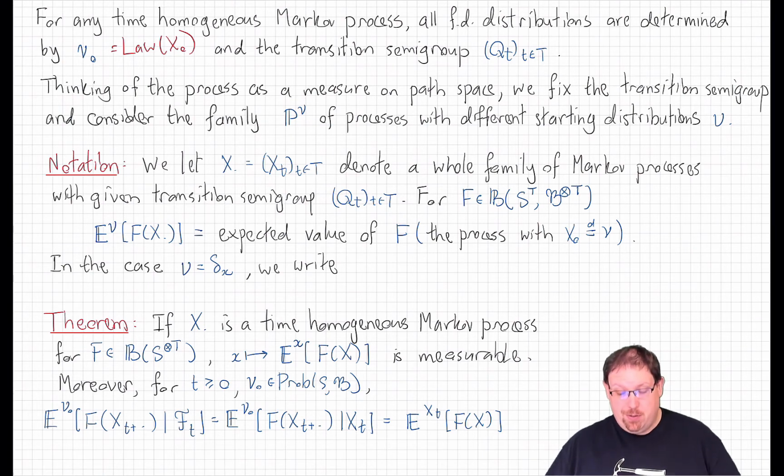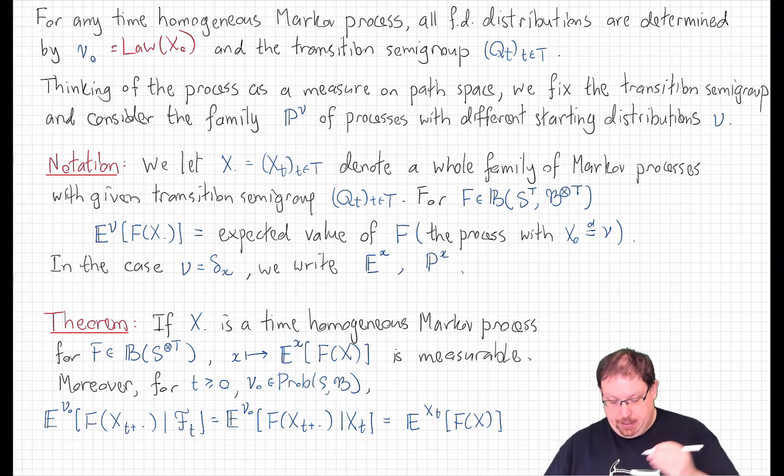And to further confuse things a little more, in the special case where that initial distribution is actually a point measure, that is, we're saying let's start the process at a fixed point, not a random point, x in the state space, we denote this not as expectation delta x, but expectation just x. And the probability measure we call px.